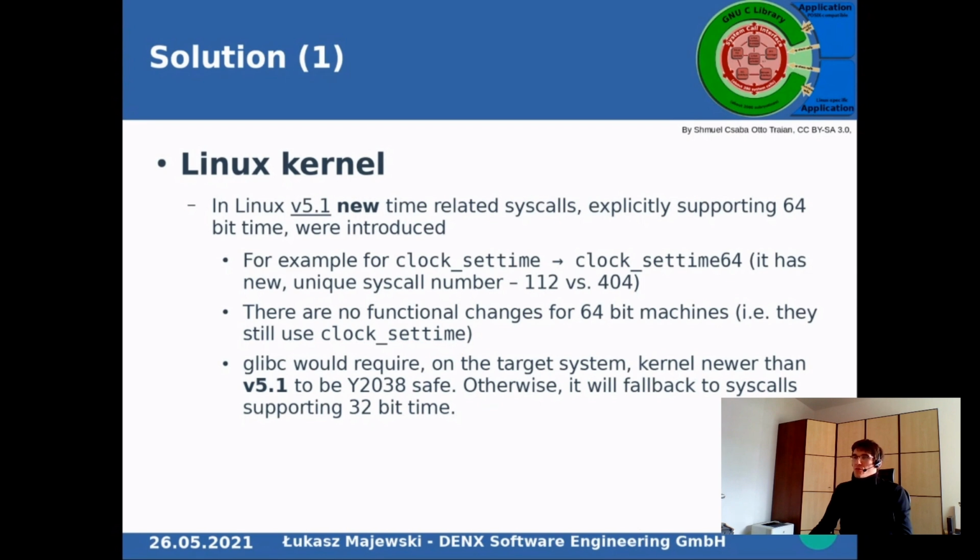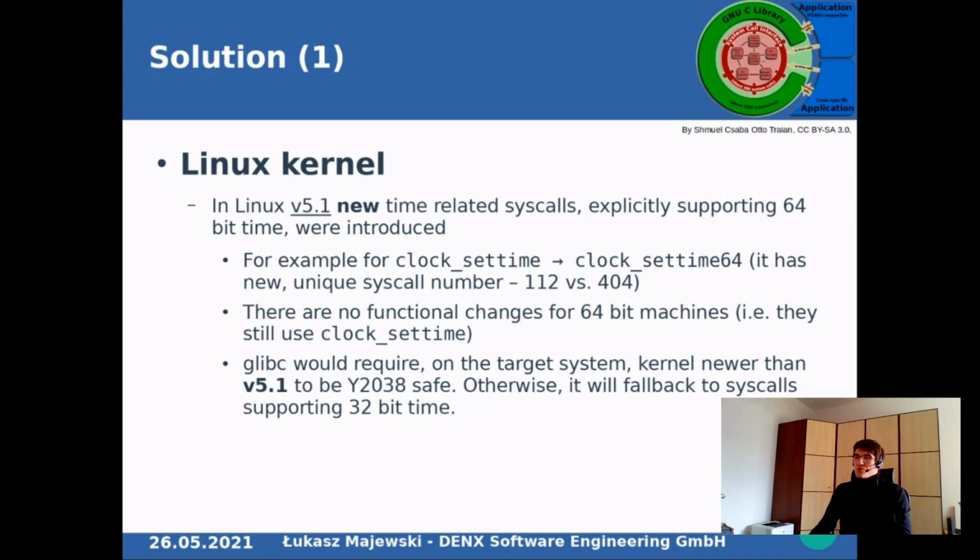What is important is to say that on the 64-bit machines there is no change, because those machines will use old syscalls like clock_settime, and those syscalls already provide time with 64-bit variables. For 32-bit systems, it is important that they use a Linux kernel younger than 5.1, to have the opportunity to use syscalls which will provide proper time after passing the year 2038 threshold date.